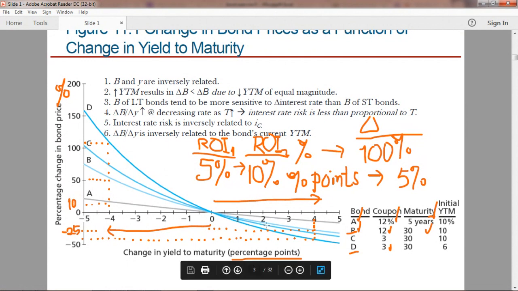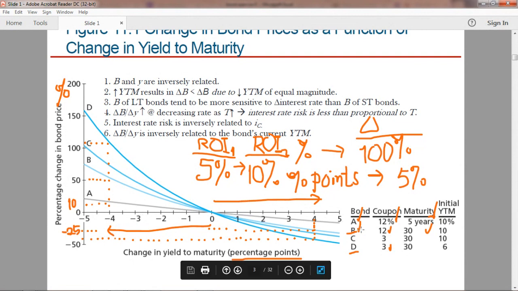Low sensitivity is captured by something like A. Bond A is almost flat, and it doesn't show that much curvature or convexity. It's almost a straight line, right?